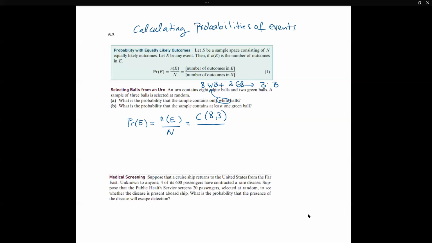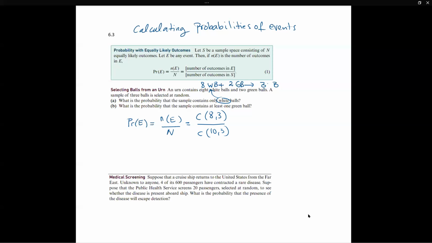So what is the combination of taking 3 out of 8? That's what we need to know. Over the number of outcomes in S. Once you figure out the top, the bottom uses the same thing: you're taking 3, but from 10, the total in the sample space.